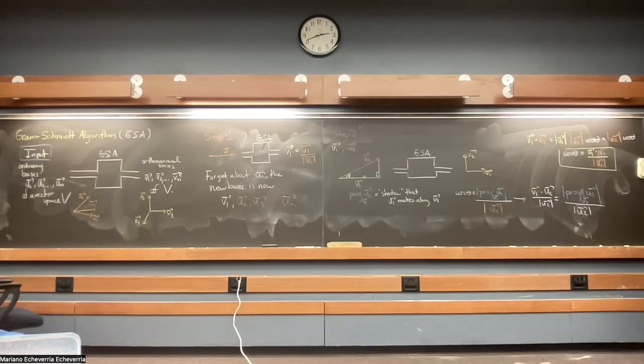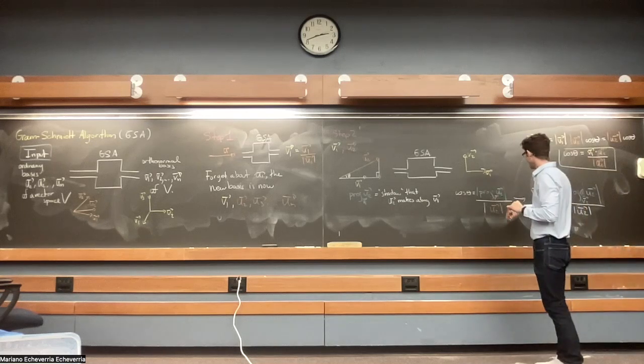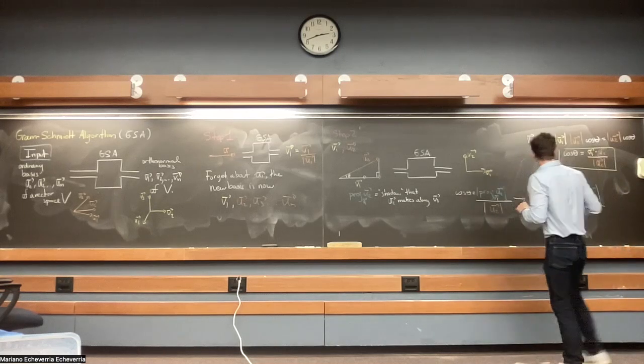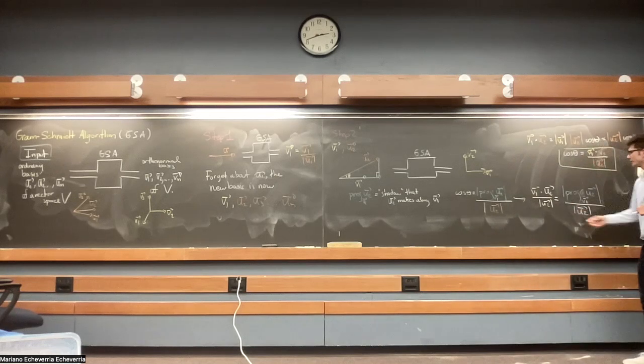Okay, and that's the projection of V2 onto V1. Oh, yeah, good. It somehow became a one along the process, but it should have been V1 all along. Thank you. So you see the denominators cancel, and that gives you the formula for the length of the shadow. So the length of the shadow is just the dot product between V1 and U2.